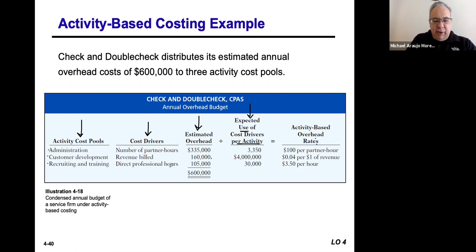And then they have 105,000 overhead costs for recruiting and training over 30,000 hours, so $3.50 an hour is their cost.